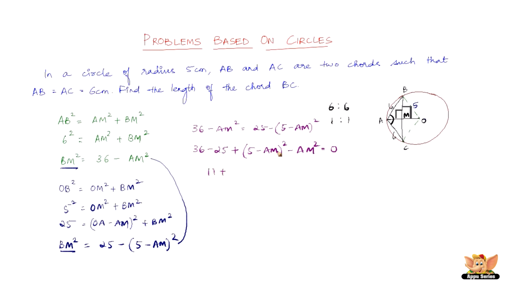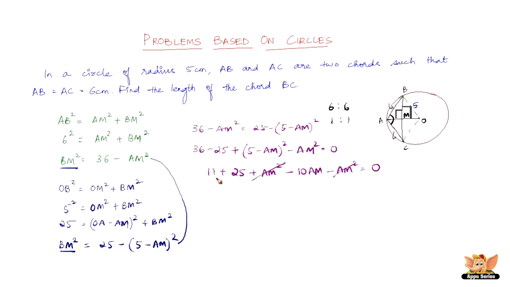Then this is a minus b the whole square, so we have 5 square, which is 25, plus AM square, minus 2 into 5 into AM, which is 10 AM, minus AM square equals 0. Positive AM square and negative AM square cancel.